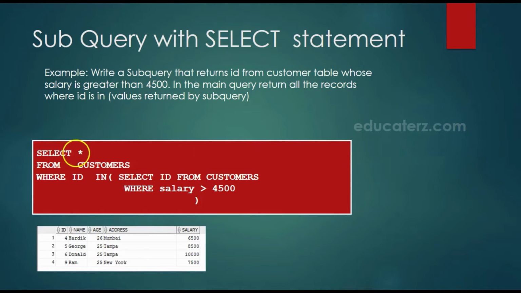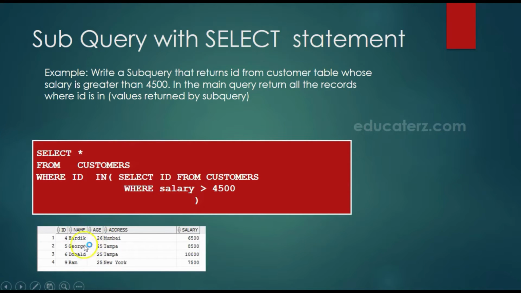SELECT * FROM customers WHERE ID IN (SELECT ID FROM customers WHERE salary > 4500). The inner query, or subquery, selects IDs from the customer table where salary is greater than 4,500, and that is compared with the ID in the main query, and it will return the corresponding results.